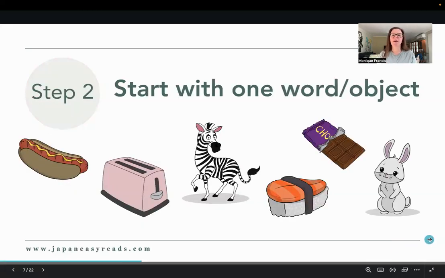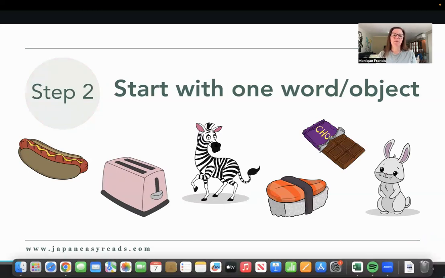Step 2, start with one word or object. So with a one-word image, it can be an inanimate object, which you then create and animate. It could be an animal, but it is not something that's already been established, so already created, like Hello Kitty or a Pokemon character.